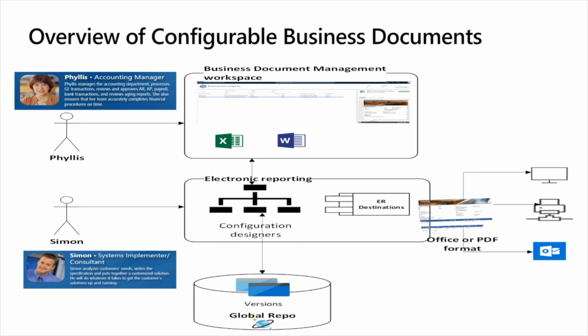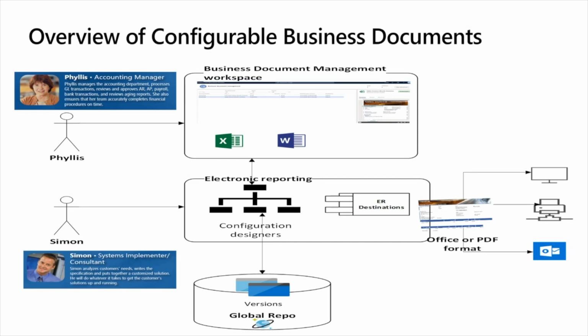For this purpose, we built this business document management workspace and overall configurable business documents functionality. So she can go there, choose a report from Microsoft or from a partner, which is available for her from Global Repo, and just do a simple customization on the fly in Office and immediately start using this report.